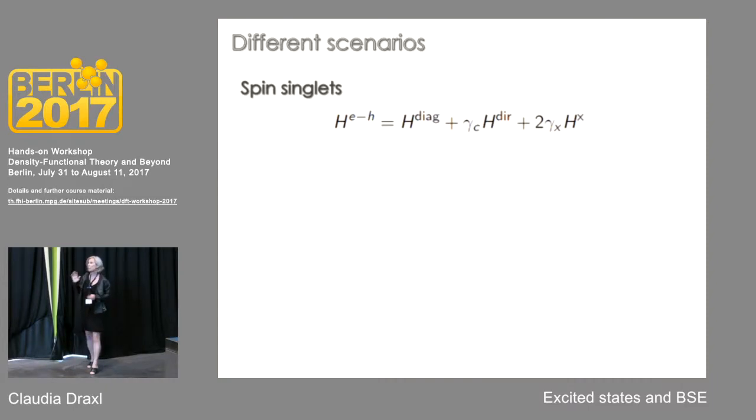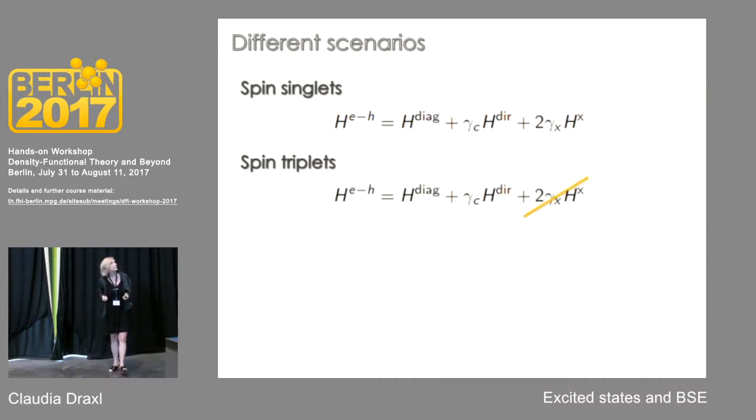So let me stay one more minute with these equations here. So these three terms give rise, if you take them into account, to spin singlet excitations. So you have all these terms here, but you can, with the same formalism, also describe spin triplet excitations, by just switching off this exchange term.